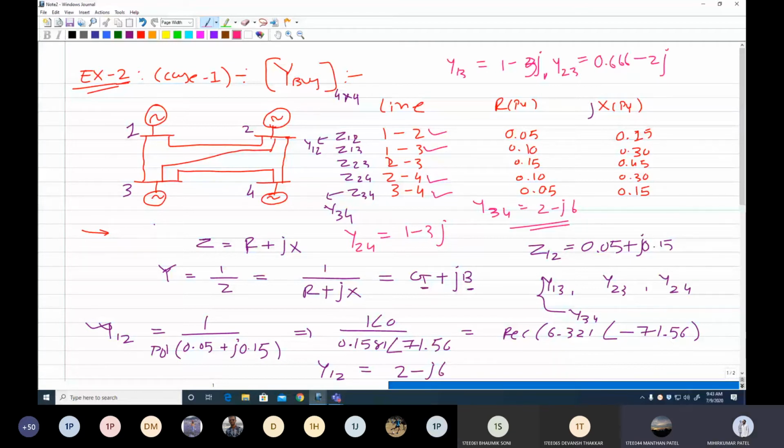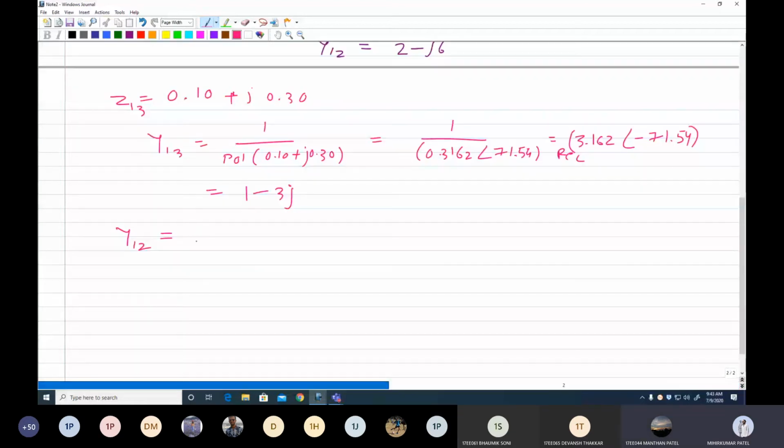Just write down the calculated values. Y12 is equal to 2 minus j6. Y13 is equal to 1 minus j3. Y23 is equal to 0.66 minus 2j.